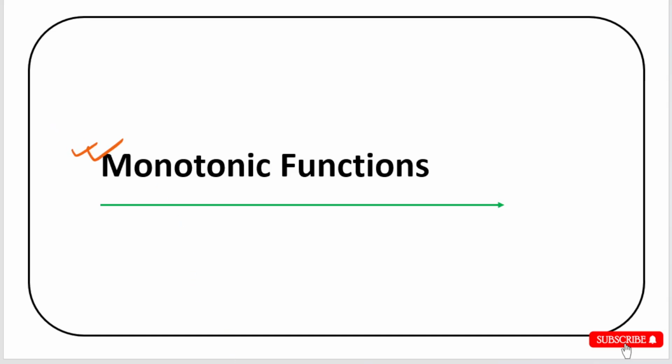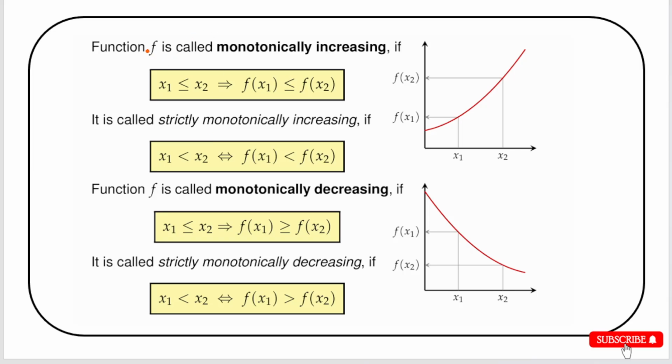What are monotonic functions? A function f will be called monotonically increasing function if this particular condition holds. It says if x1 is less than equals to x2, that will imply f(x1) is less than equals to f(x2). Let us understand this graph.